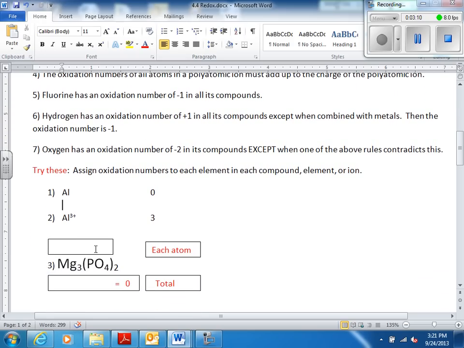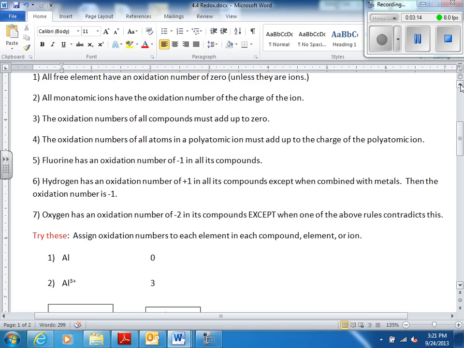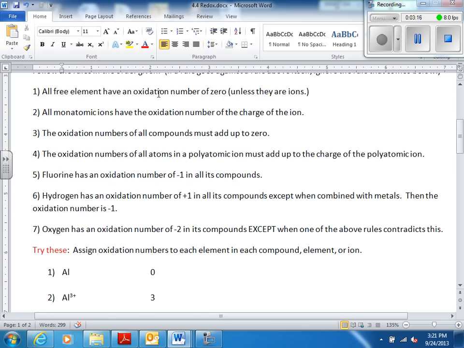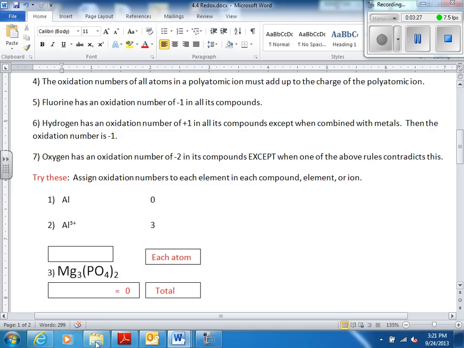Next one. Oh, now we're getting complicated. We've got a whole compound, Mg3(PO4)2. So let's look at this. We've got free elements, we've got a compound, that's not going to help. Monatomic ions, not going to help right now. It sort of helps. The oxidation numbers of all compounds must add up to 0. So we're going to make this total all add up to 0.